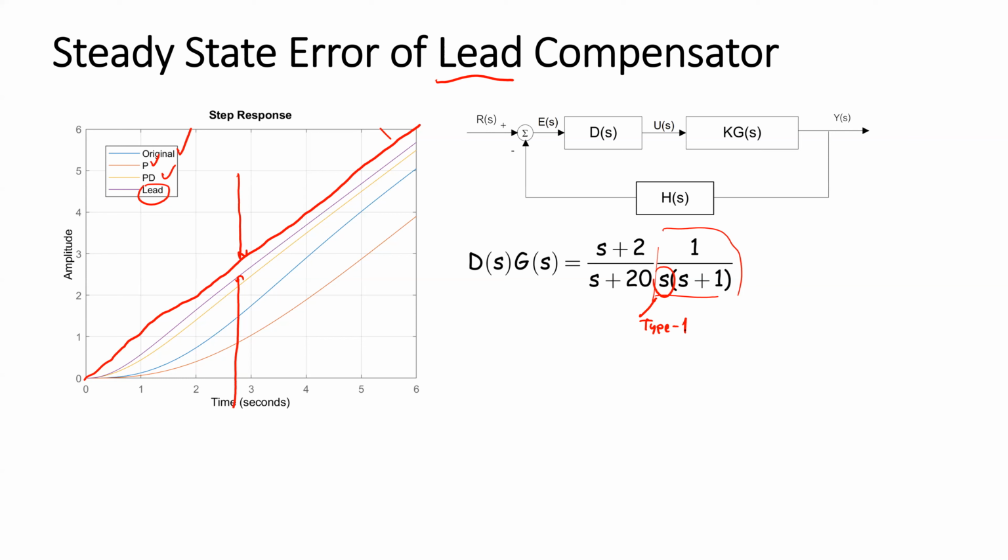But if the input is a ramp, we have some steady state error. And although we already include the lead compensator, we still have the steady state error. How can we improve this system? By the lag compensator.